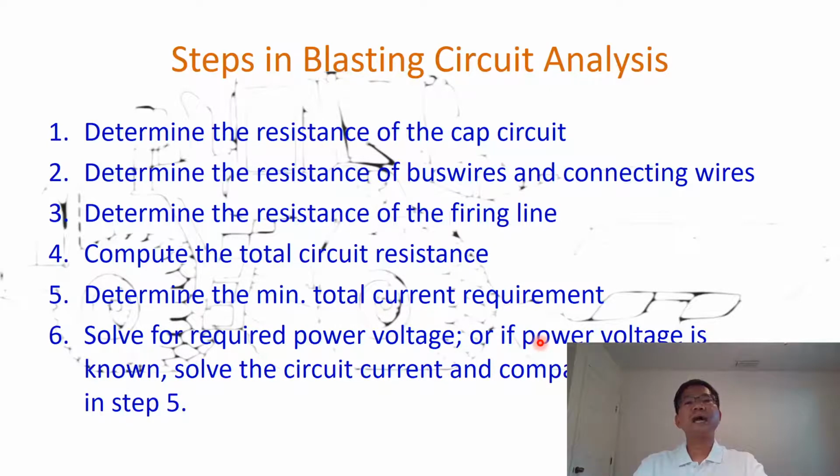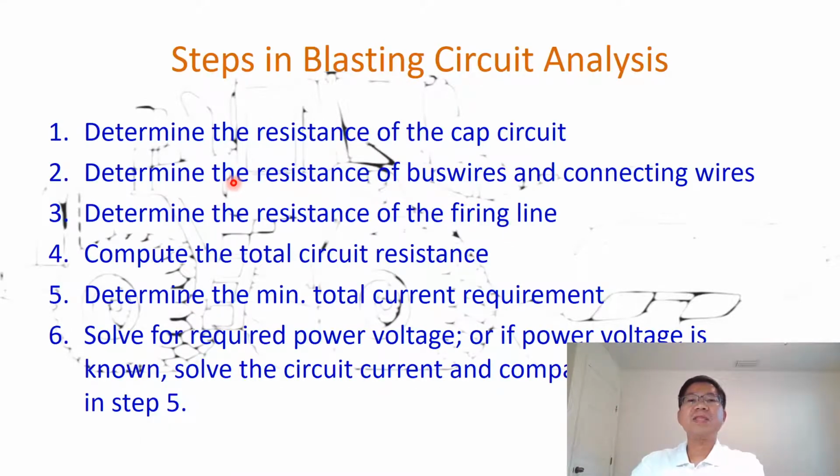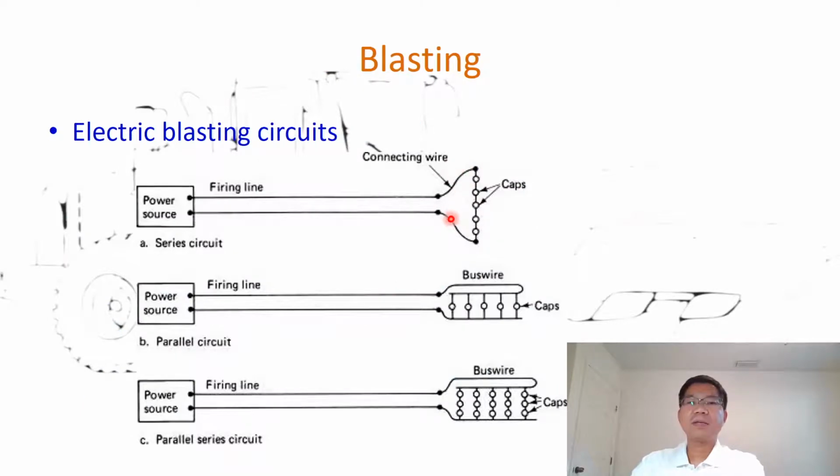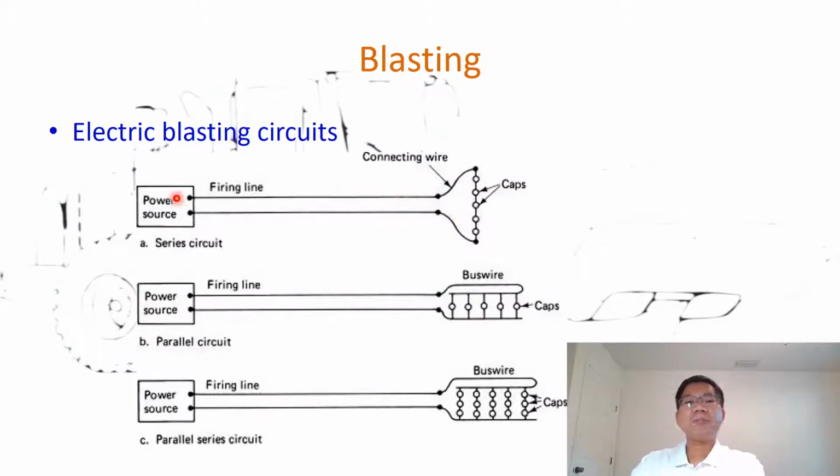To determine that, we first determine the resistance of the cap circuit, and then we determine the resistance of the bus wire and connecting wire, and then we determine the resistance of the firing line, so from the power source to the connecting wire, or connecting wire to power source.